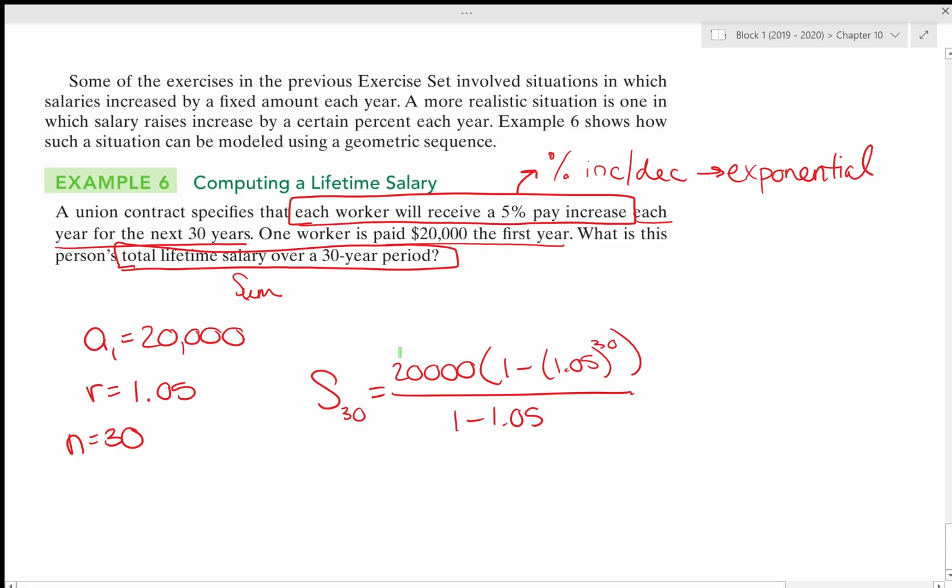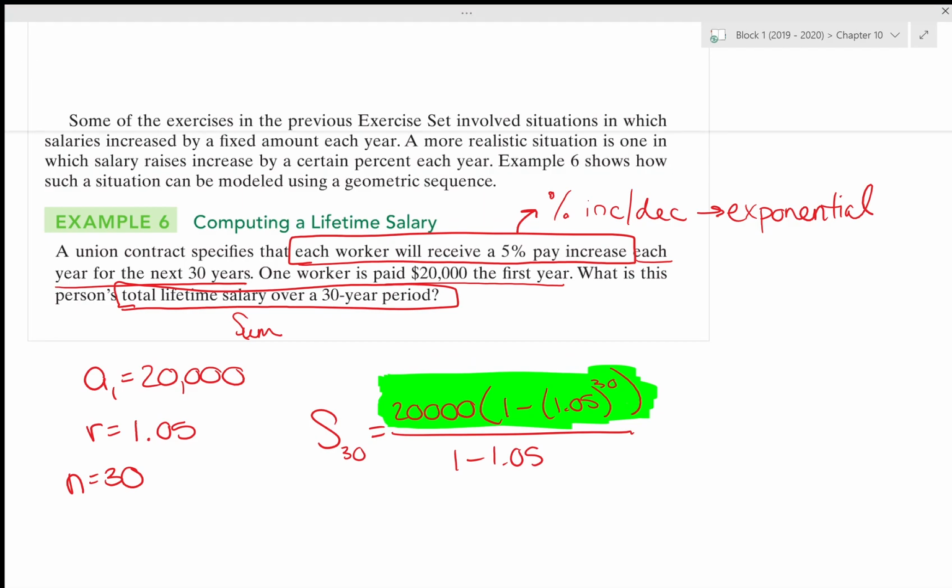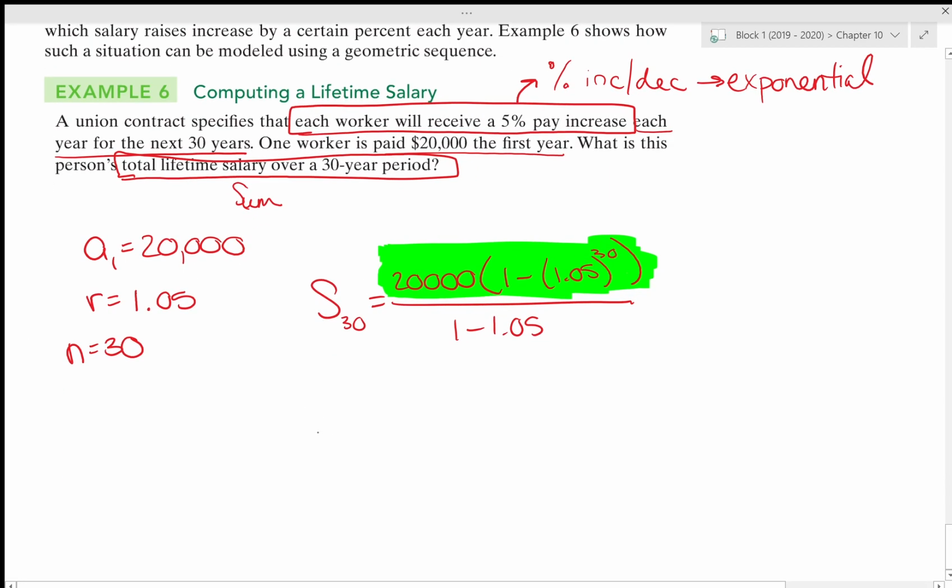And if you have the capability to make a fraction, make a fraction. If not, do all of this up top first, and then press enter. Then divide it by 1 minus 1.05, which is negative 0.05.